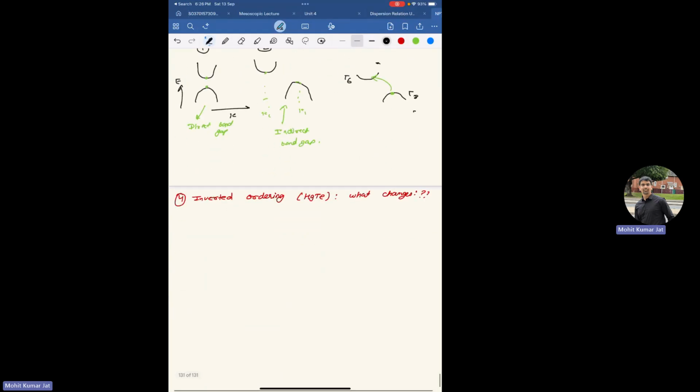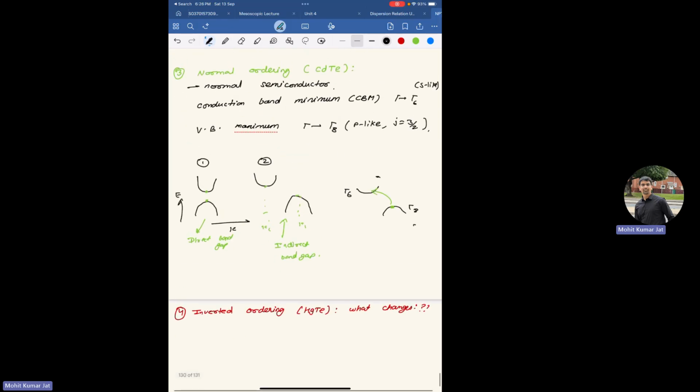But in the case of mercury telluride, since J is equal to 3/2 and your angular quantum number L is 1, gamma 8 lies above gamma 6 at the gamma point. That's the key difference.